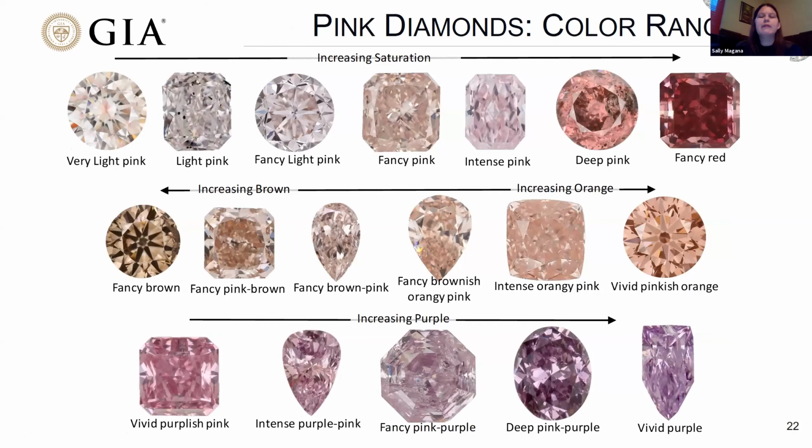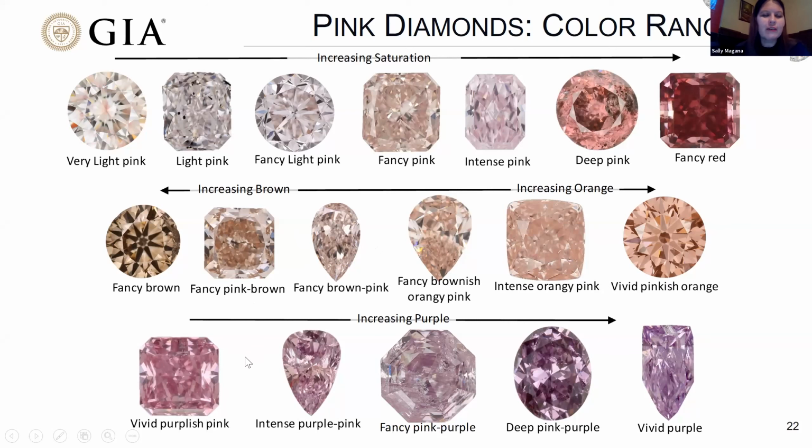I'm going to switch now and talk about pink diamonds. And pink diamonds can vary quite a bit in color saturation, from very light pink all the way up to fancy red. If you have an increasing amount of brownish color, then you can have that contribution, as well as an increasing amount of orange.